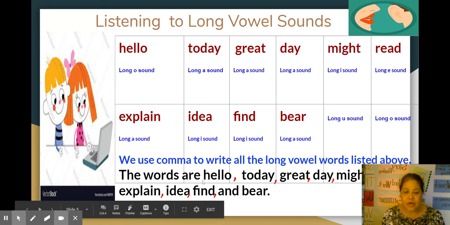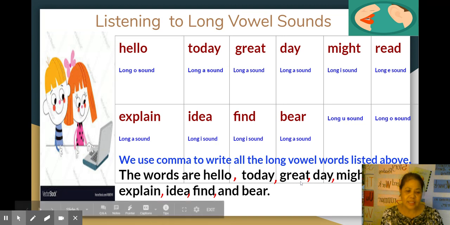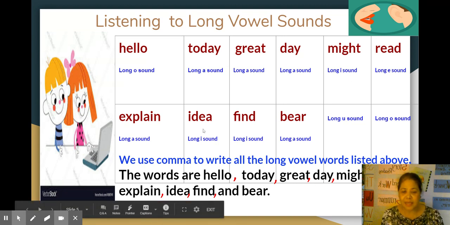The words are hello, today, great, day, might, read, explain, idea, find, and bear. So when I wrote it down, I made sure I separate all of the words with a comma. Okay? I don't need to put any more comma there because that is the end of our sentence.